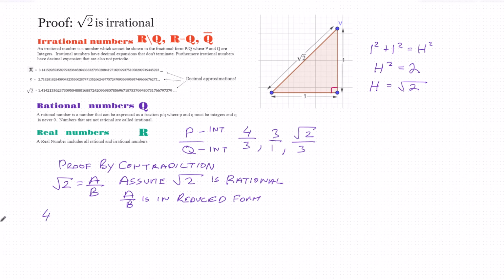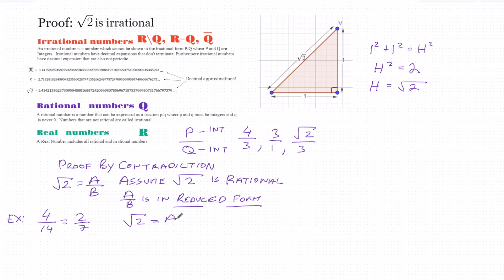For example, 4 over 14 is equal to 2 over 7. You'll notice you'll always have one even and one odd or two odd numbers when it's in reduced form. We can't have two even numbers because we can just divide by 2 in that case. All right? So if root 2 is equal to a over b, then clearly, let's write this down again.